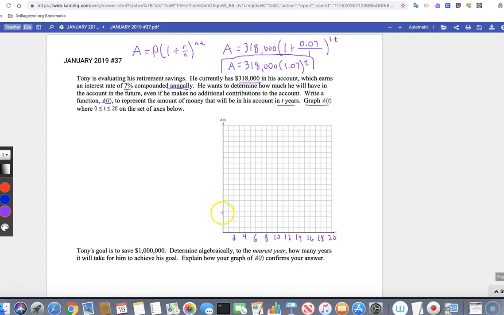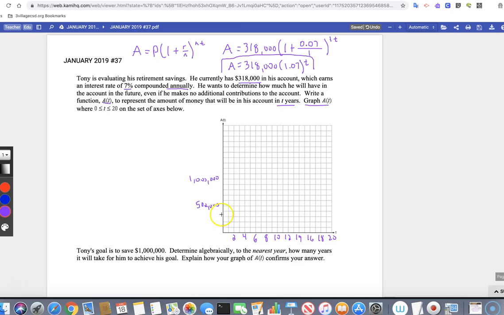So if I do that, this fifth value here would be 500,000. And then 1, 2, 3, 4, 5. This value here would be 1 million.